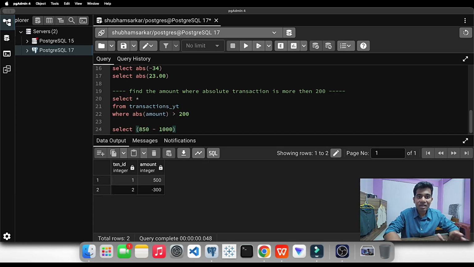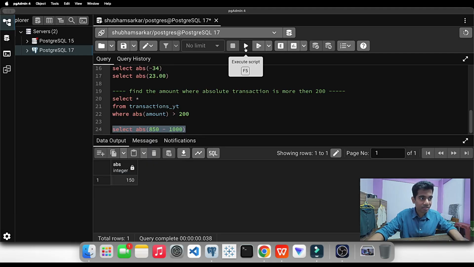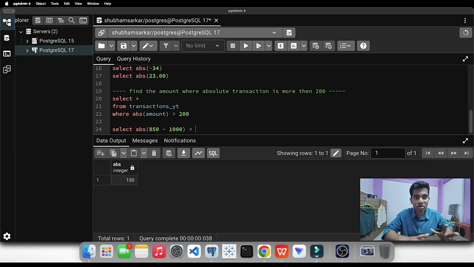Please tell me how many transactions have you seen where there is a difference, and how much difference there is. It's not about plus and minus; they will directly ask what the difference was. Simple, you will write select abs of this minus this and execute it. You will get the output, and in this way you can find out if the difference is greater than any number, and get this kind of scenario.